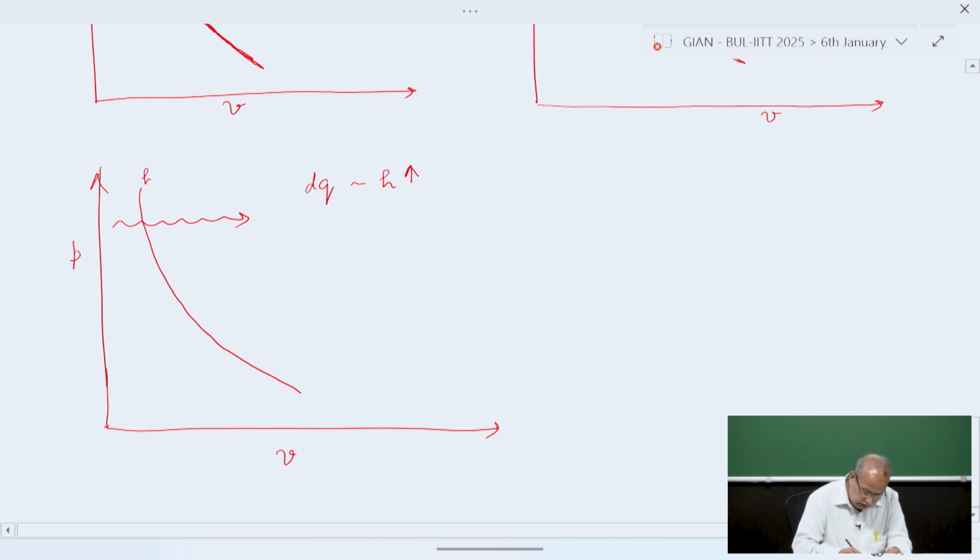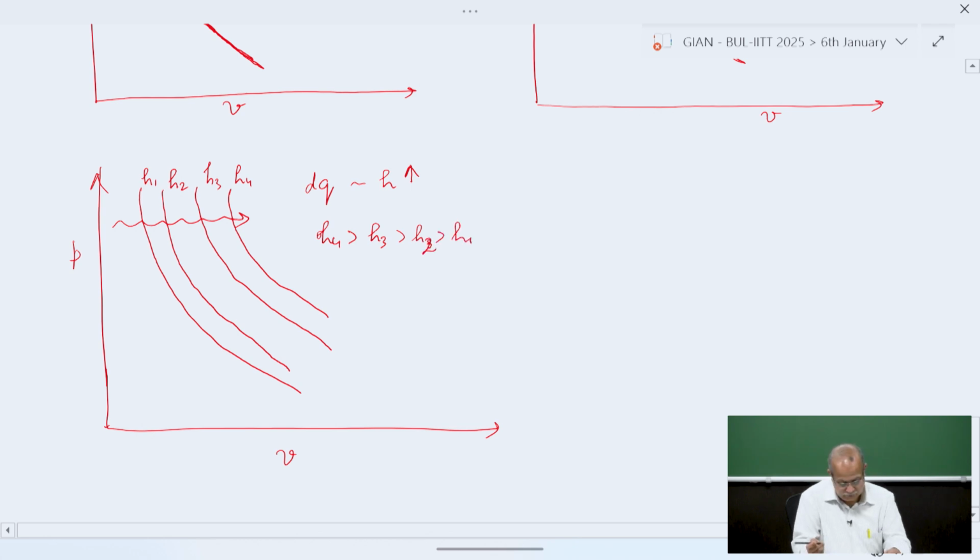So if this is the line H1, the enthalpy will be increasing to H2. Addition of heat will cause the enthalpy to increase to H3. So this is how it goes. So where we can write here H4 is greater than H3 greater than H2 greater than H1.